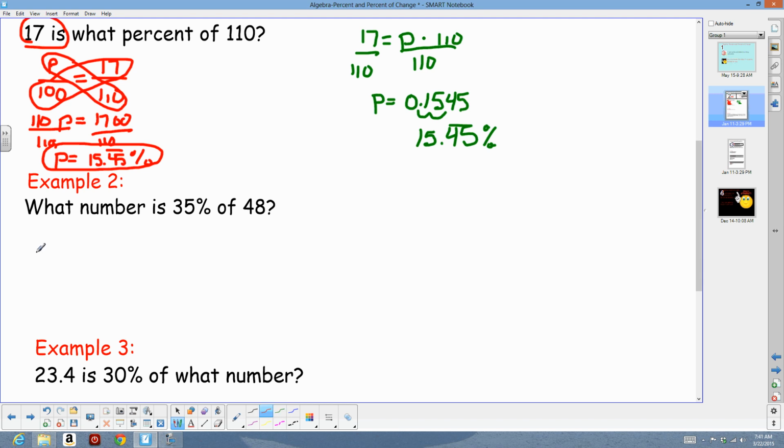Using the percent proportion, I'm going to write 35 over 100 equals x over 48. Since it's of 48, that's the whole, it goes on the bottom. And then we have 100x equals 35 times 48. 35 times 48 is 1,680.